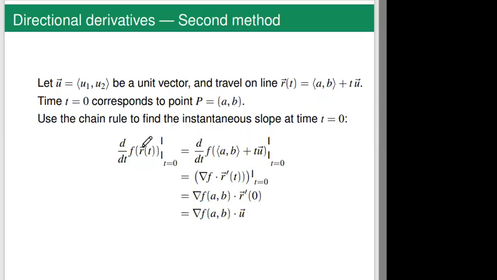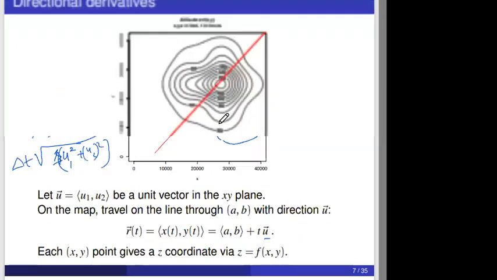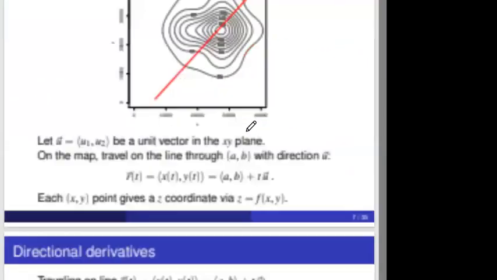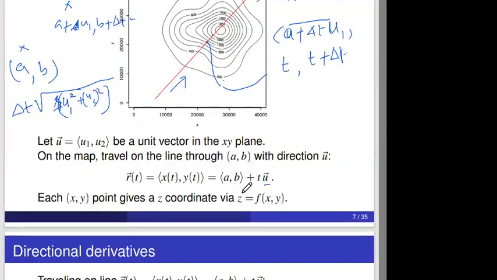If you consider this line segment, the traveler travels along this path, and this is the projection on the Oxy plane. This one is the path.